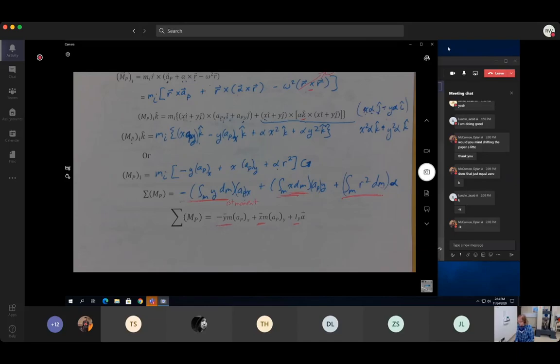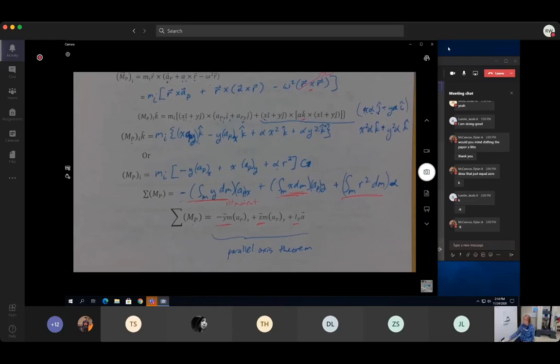And so for the whole system, we can say that the sum of the moments at point P, if we sum up all of them from all of the points, we end up with essentially a parallel axis theorem type of an equation.